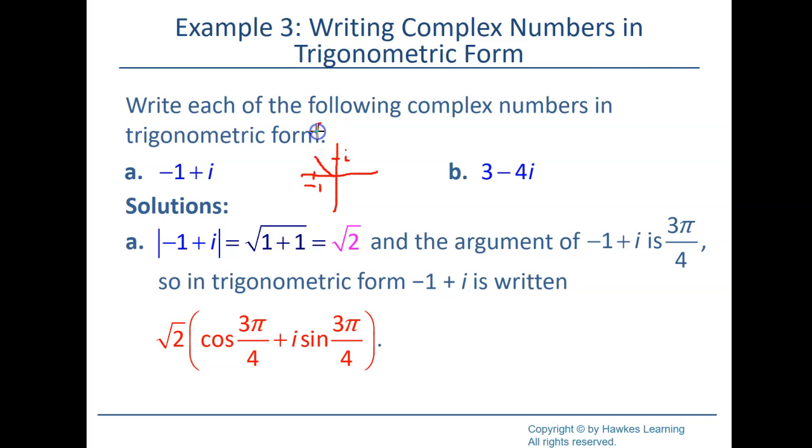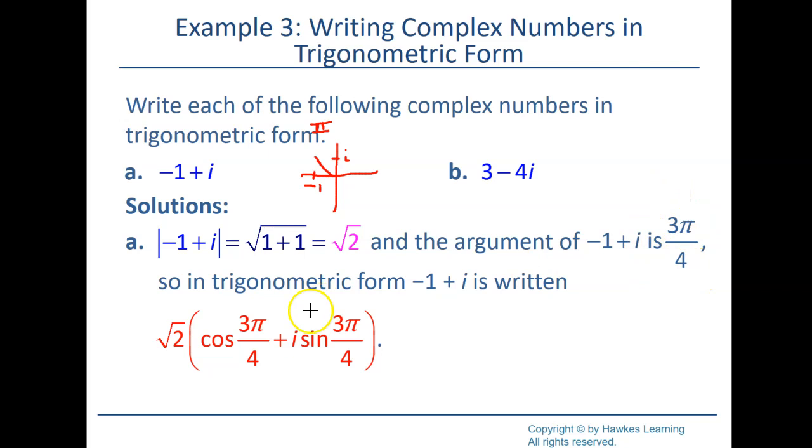It's still quadrant 2 in the complex plane. And remember, the tangent is equal to b over a, which is 1 divided by negative 1. So tangent's equal to negative 1 in quadrant 2, so that's 3 pi over 4.